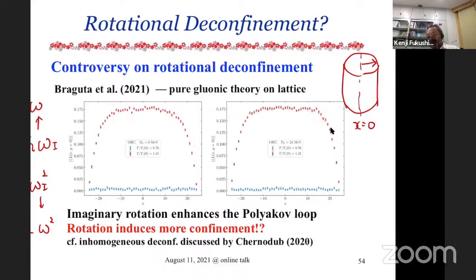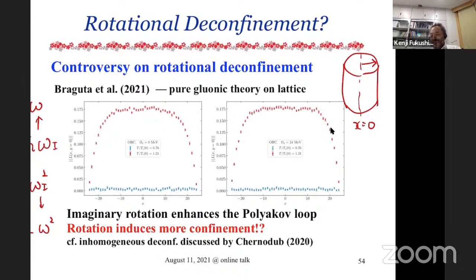You see? And as I told you, this is imaginary rotation, which means that the sign of the rotation velocity dependence should be flipped. If x becomes larger and larger, then the Polyakov loop should be pushed down for the physical rotation velocity.